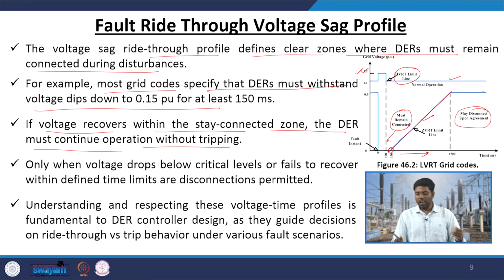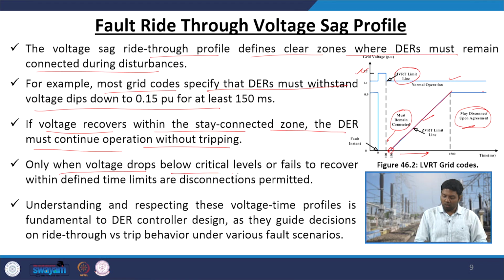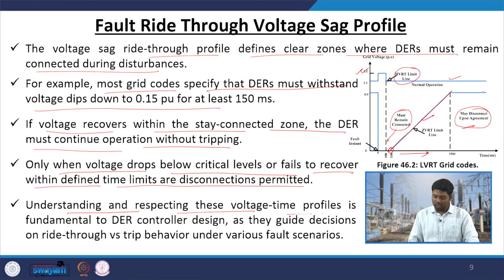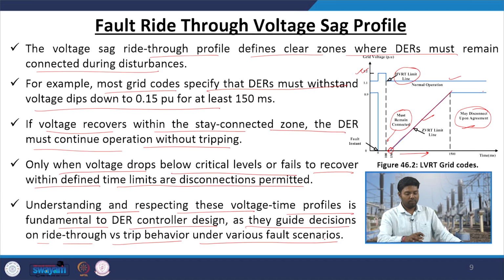But if it does not, you have to disconnect your DER. Only when voltage drops below a critical level or fails to recover within defined time limits is disconnection permitted. Understanding and respecting this voltage time profile is fundamental to DER controller design, as it guides decisions on ride through versus trip behavior under various fault scenarios.